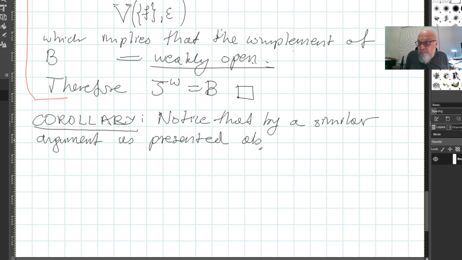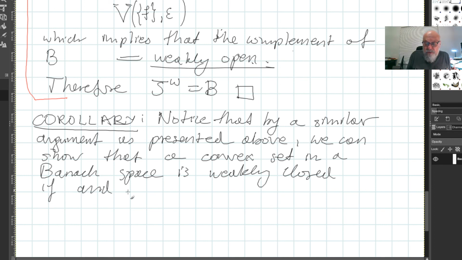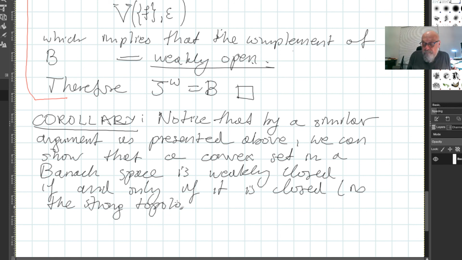Okay, presented above, we can show that a convex set in a Banach space is weakly closed if and only if it is closed in the strong topology, and that means the closed convex sets are the same.